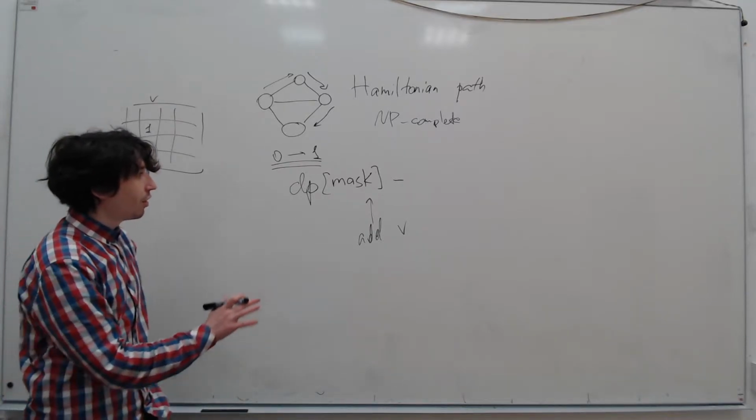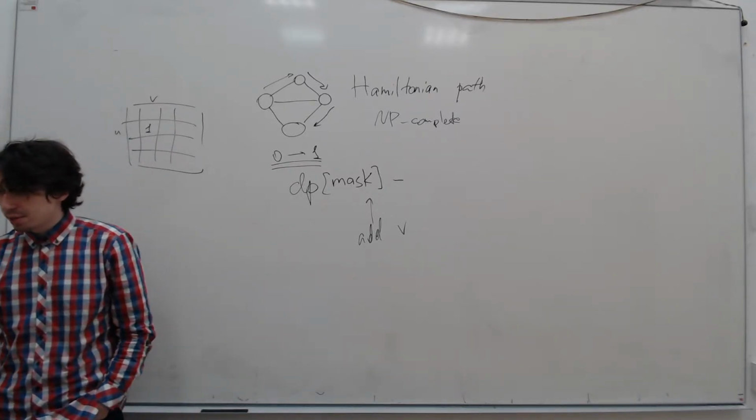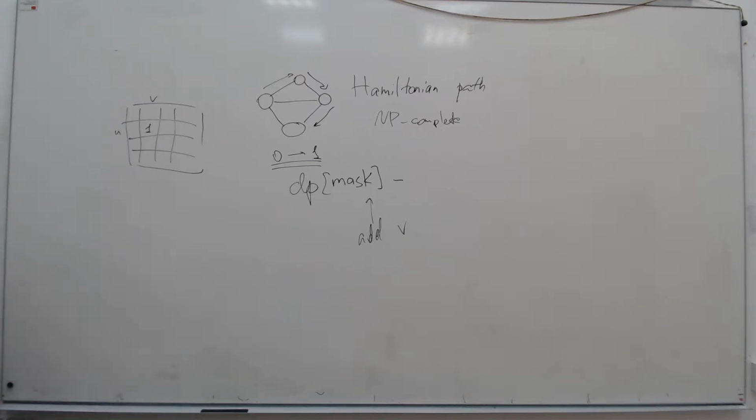Either there is a Hamiltonian path on these vertices, or something like that. What is the sense behind this dynamic programming itself?